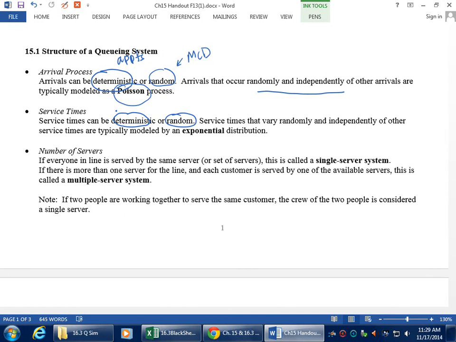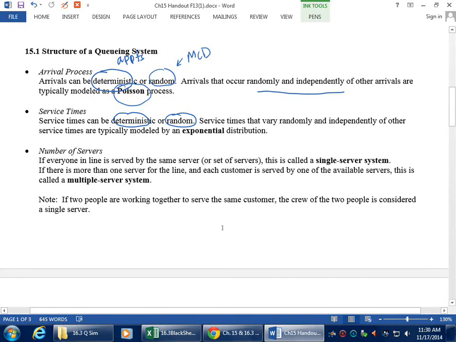But if the server is a human, like at McDonald's, and customers have different orders, some want 5 value meals and some want just 1 hamburger. Depending on the size of the order, how long it takes to serve a customer will vary. Also, some servers are faster than others, and sometimes servers are tired and slower. So how long it takes to serve a customer is variable.